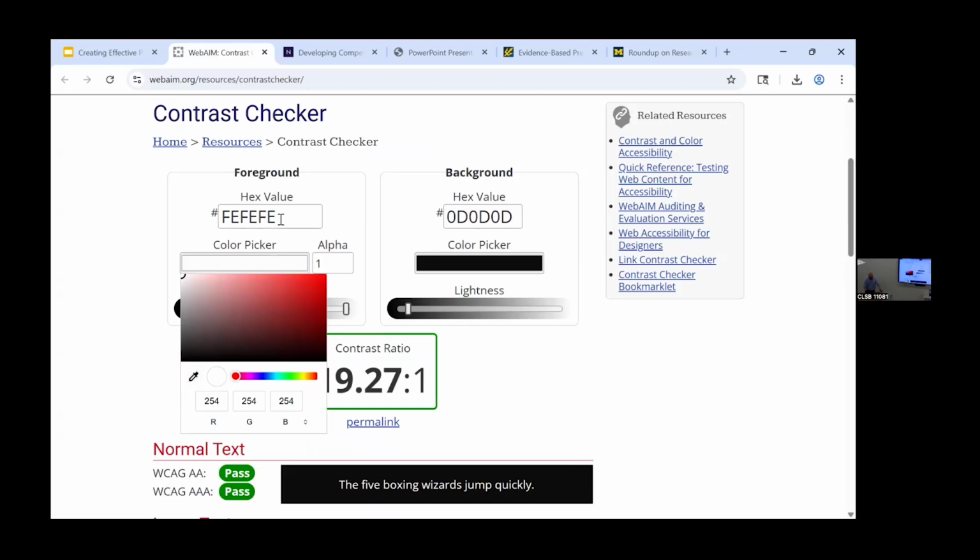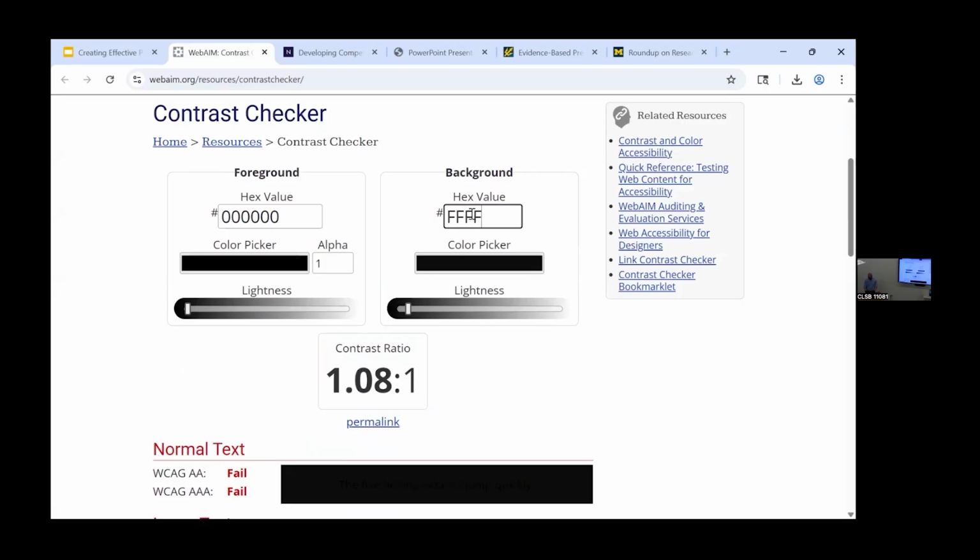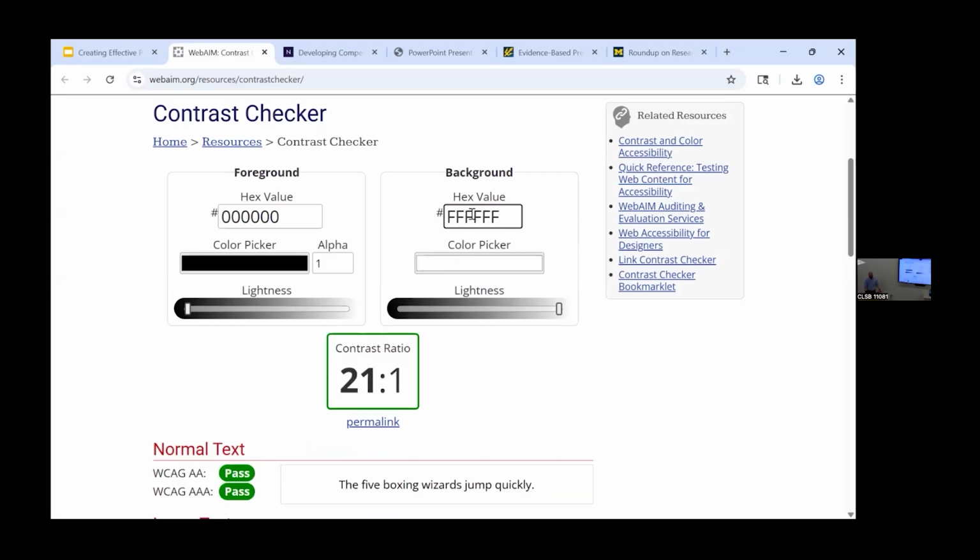White is six Fs, black is six zeros. I think it's the same. Different colors, the other one wasn't pure black. Yeah. Switching again.